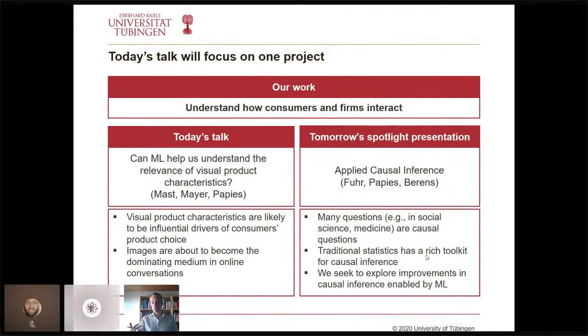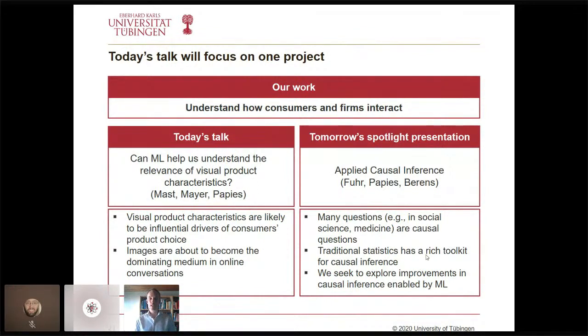Traditional statistics does have a rich toolkit to explore these causal questions, but in the last years, very relevant and interesting improvements in causal inference have been made in the domain of machine learning, and some of these have also been made here.